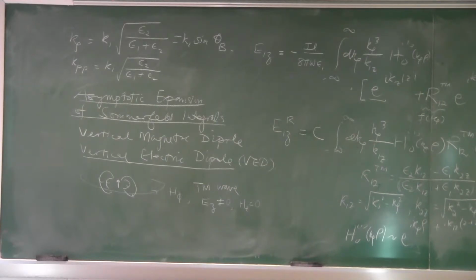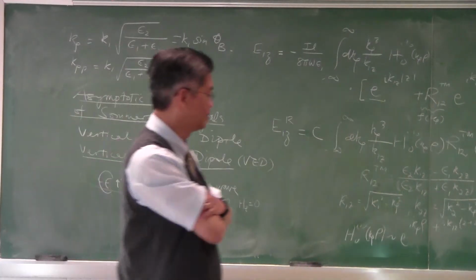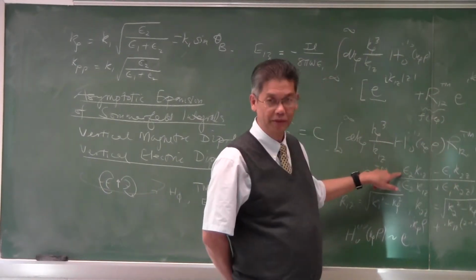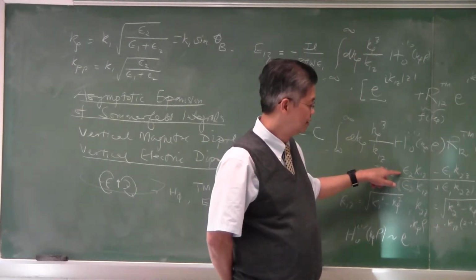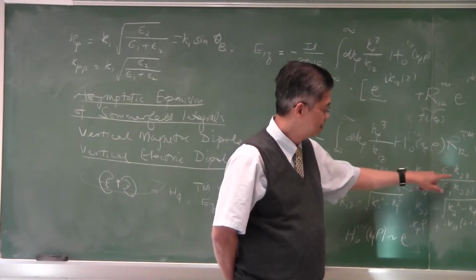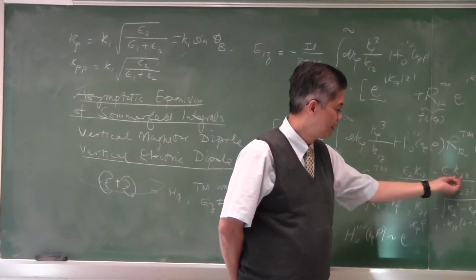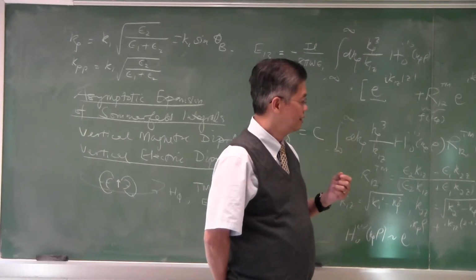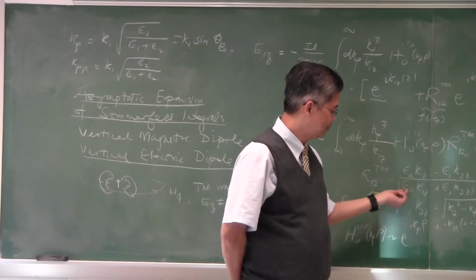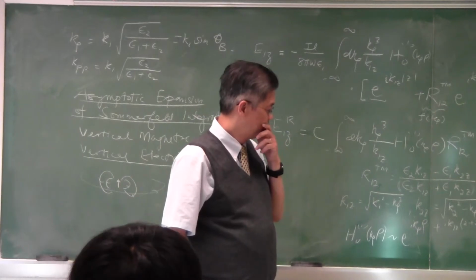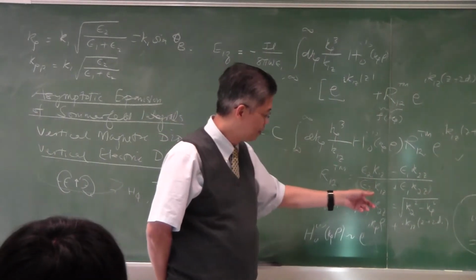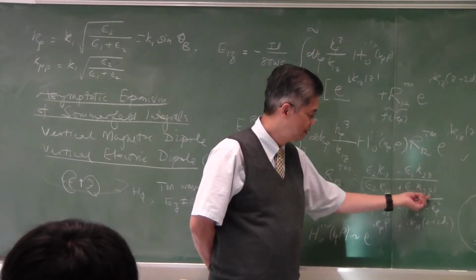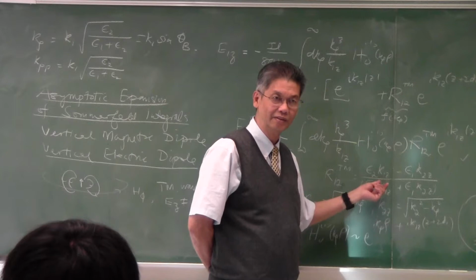They must be on different Riemann sheets, right? If you go back and study this equation again, if epsilon 1 and epsilon 2 are both positive numbers, okay, this must be happening on the Riemann sheet where k1z and k2z are both real. Okay? And if epsilon 1 and epsilon 2 are both positive numbers, the pole must be happening on the Riemann sheet where k1z and k2z are opposite in sign to each other.